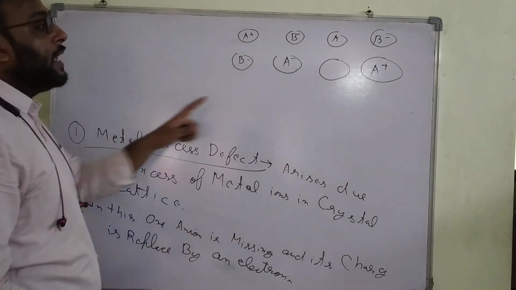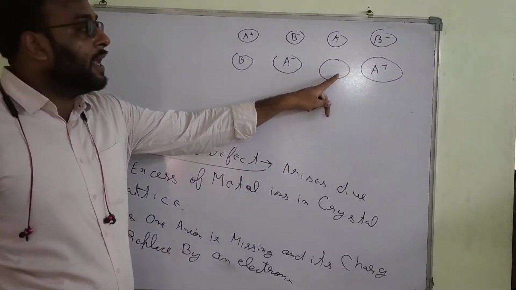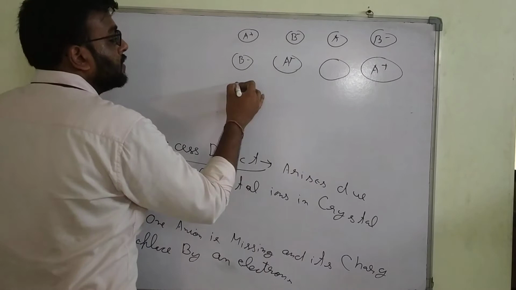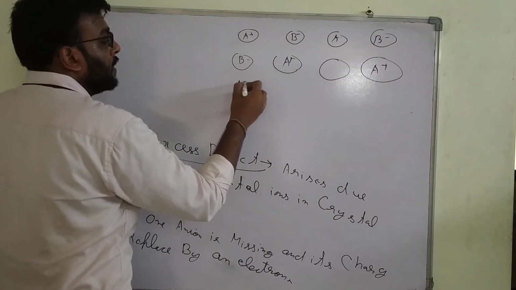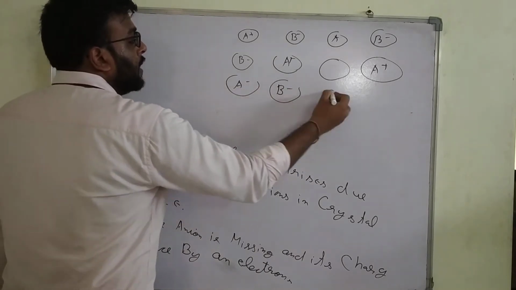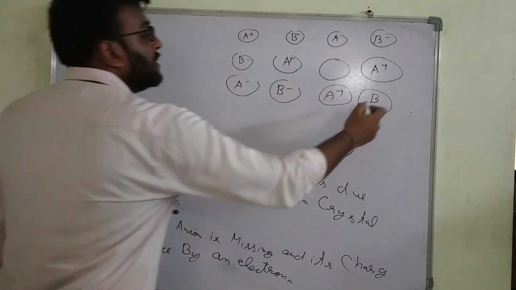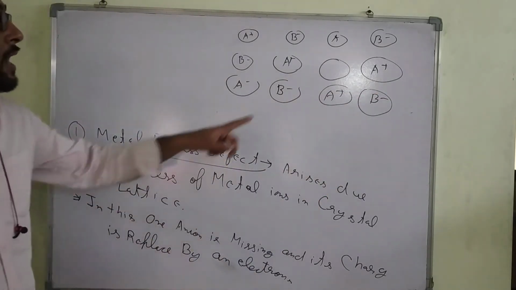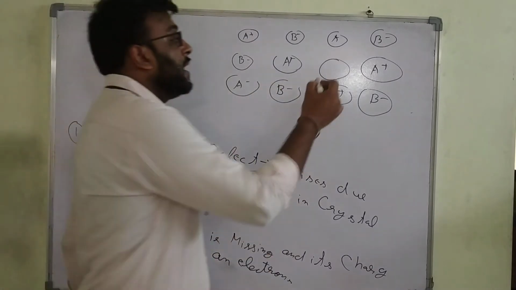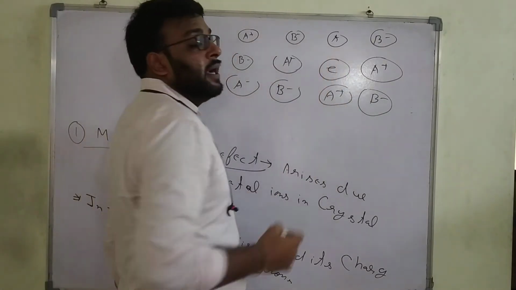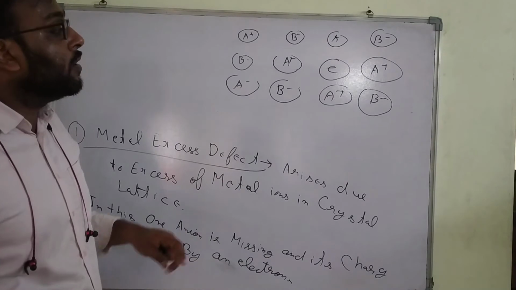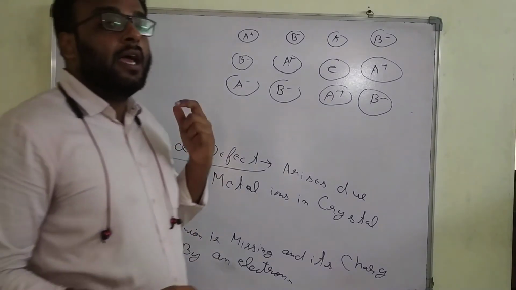Suppose one anion is missing from here. One anion is missing in the structure and its charge is balanced by an electron.